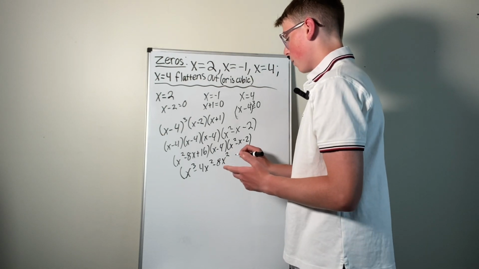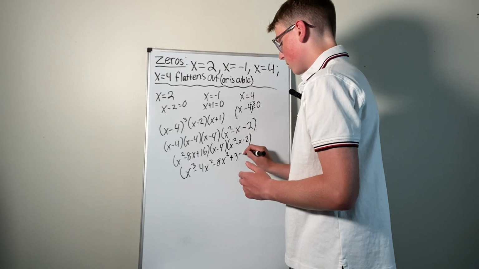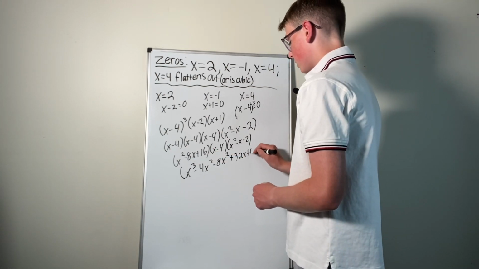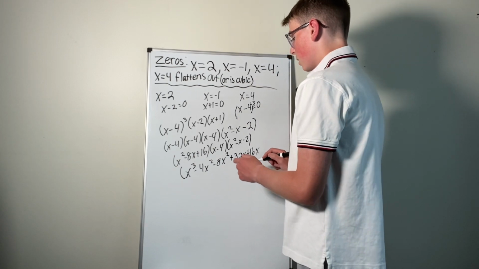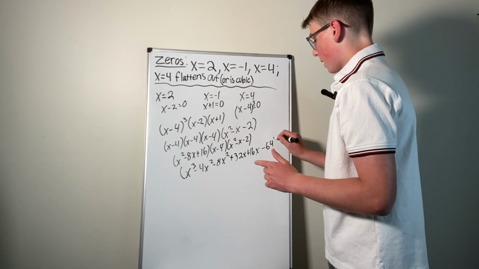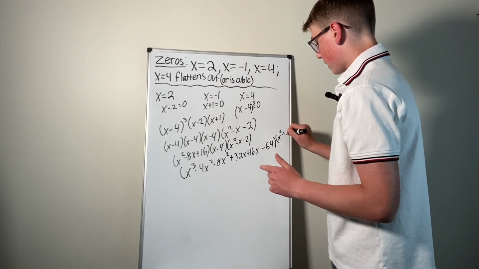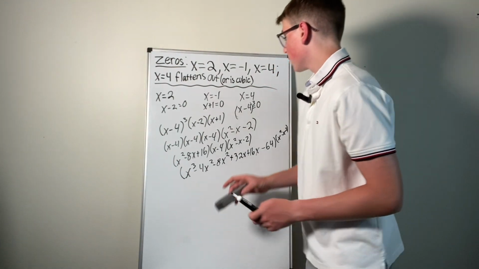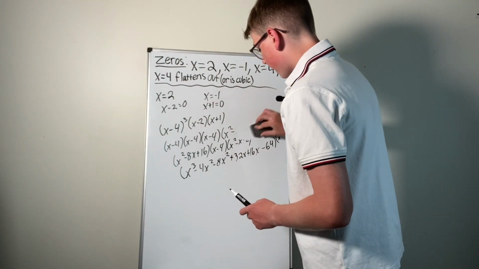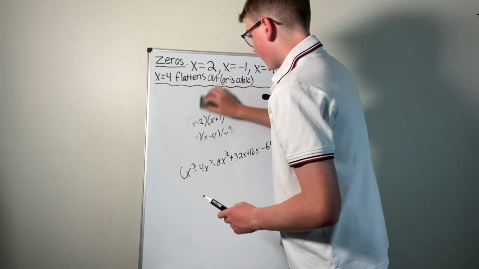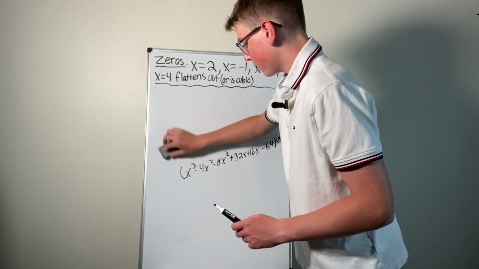Negative 8x times 4 is positive 32x. 16 times x is 16x. 16 times -4 is -64. And then that's multiplied by x squared minus x minus 2. So let us simplify this real quick somewhere else on the board because I am running out of room.